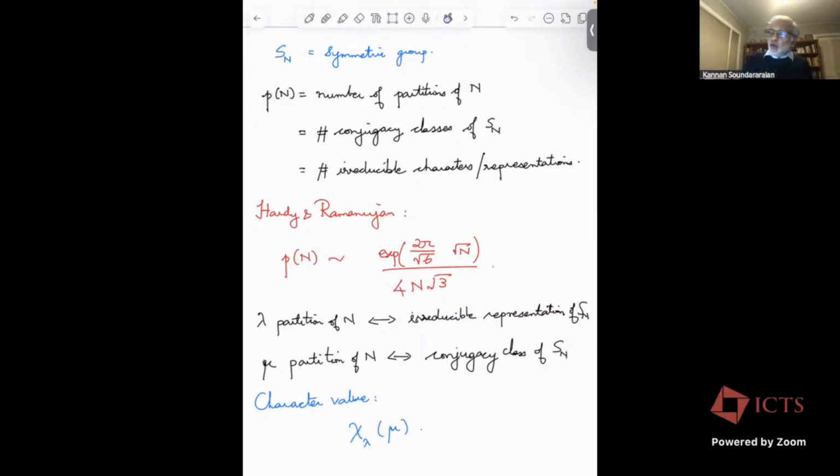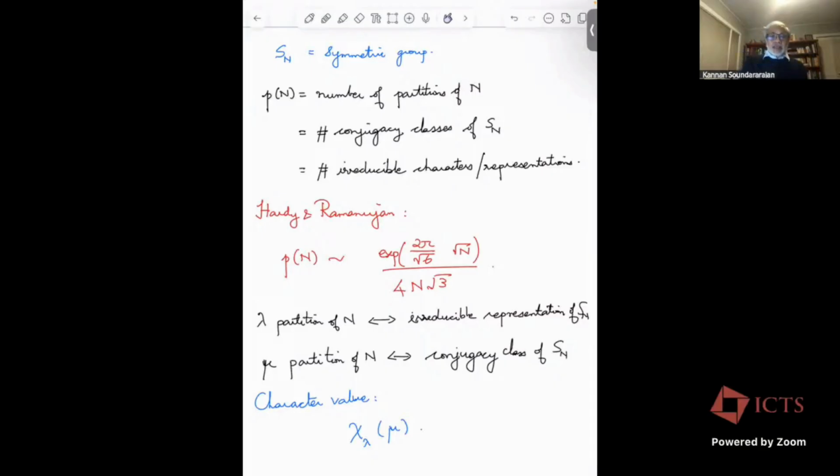So you have two ways in which partitions occur. One in giving you a conjugacy class of the group, and another as giving you an irreducible representation of the group. So I'm going to let lambda denote a partition corresponding to an irreducible representation, and mu a partition corresponding to a conjugacy class.